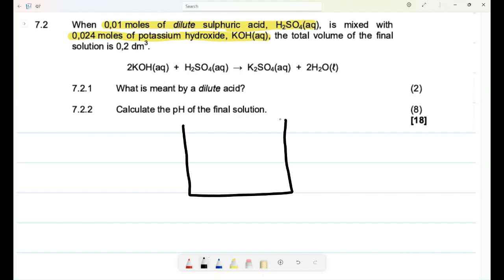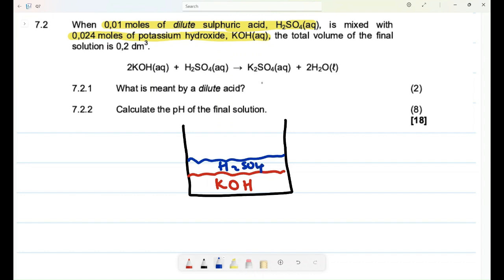So I will have potassium hydroxide plus H2SO4.